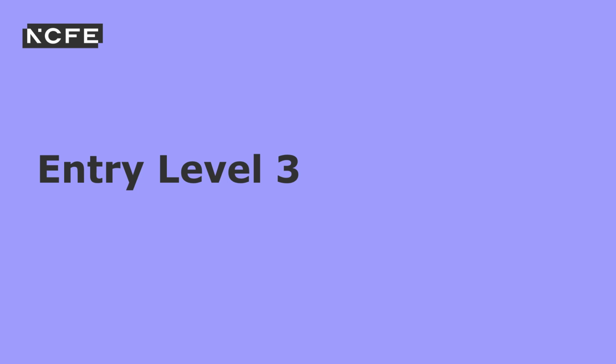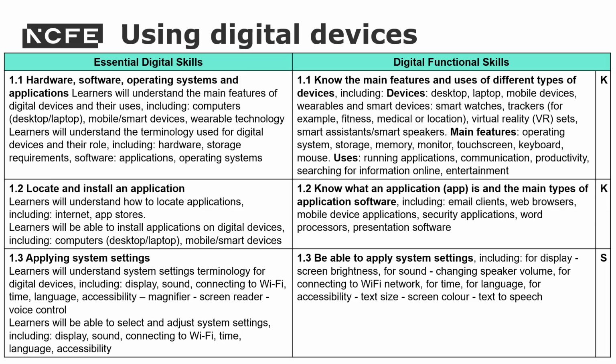Now we'll take a look at the content in a little more depth, starting with entry level 3. We have the content taken from this topic over the next 4 slides side by side. So we have essential digital skills on the left-hand side and digital functional skills on the right-hand side.